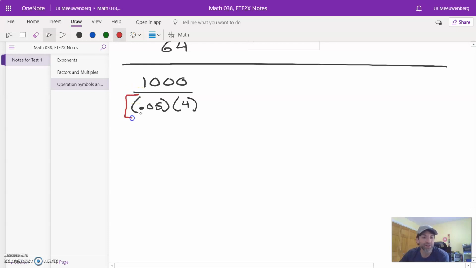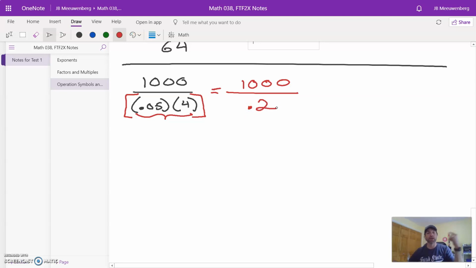This stuff down here is technically grouped together, even though you don't necessarily see it. It's grouped together. What you really need to do is leave 1,000 on the top and do this thing first. 0.05 times 4 is 0.2. And then divide 1,000 by 0.2.